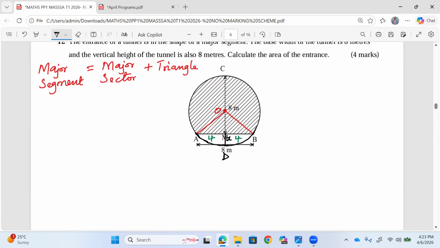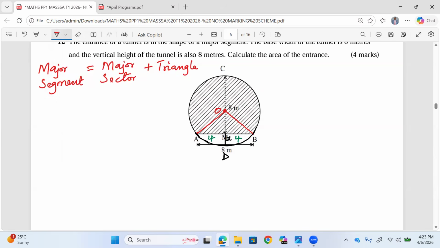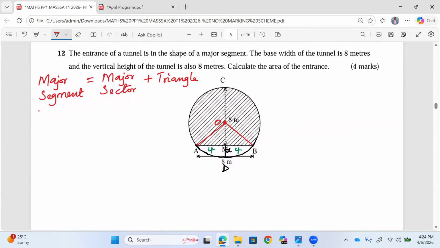Then we can say the diameter of this particular shape, the whole original circle, which is CD, is going to be 8, the vertical height, plus the X that I've just introduced.